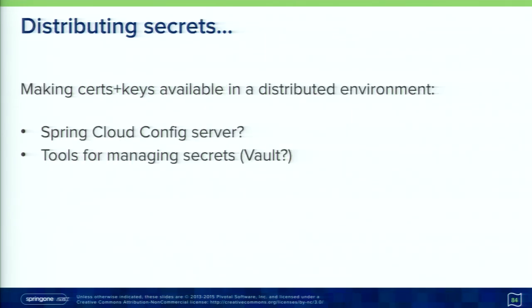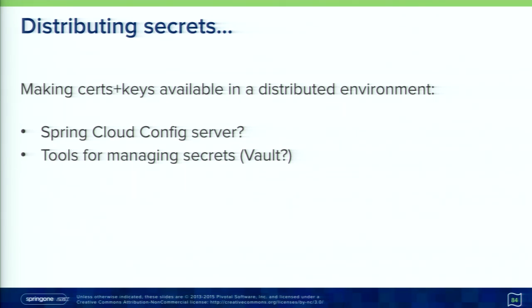Another big problem in production is distributing secrets. Because you'll use certificates everywhere, if you're not using a CDN vendor to do that for you, you'll have to deal with certificates. And if you have a big app, you have to distribute those certificates. How do you do that with a cloud native application? There are many ways to deal with this. Some of them are already supported. If you're using Spring Cloud config server, you can encrypt the keys and decrypt them only in applications using environment variables.